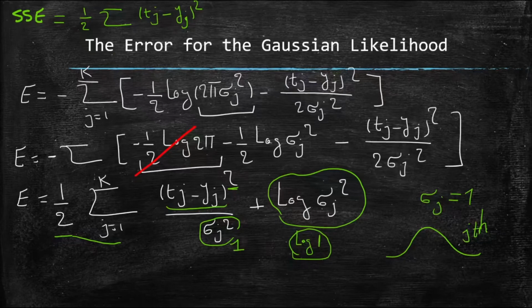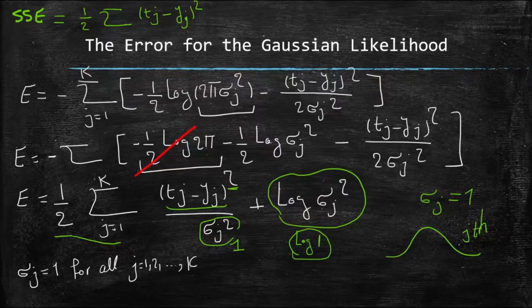So if I consider sigma j equals 1 for all j, from 1 to k, what I'm going to end up with is quite interesting, actually.